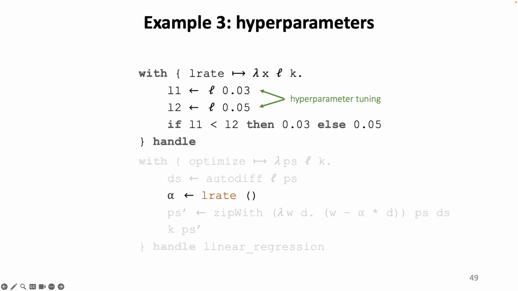This handler is also interesting because, in contrast to the previous definition, it uses only the choice continuation. It's not interested in resuming the original computation, because the point of this handler is to get a better hyperparameter in the end. So it just compares the loss produced on the different hyperparameters and uses the one that produces less loss.